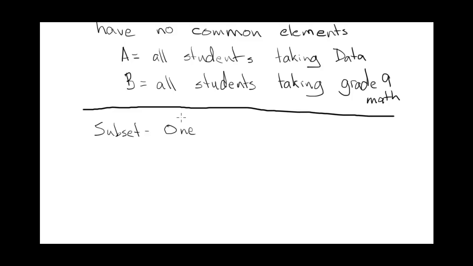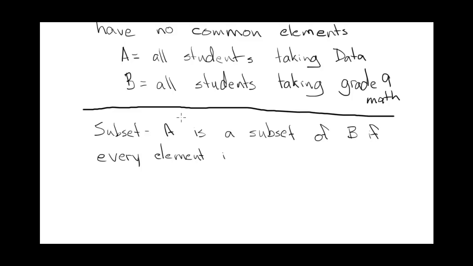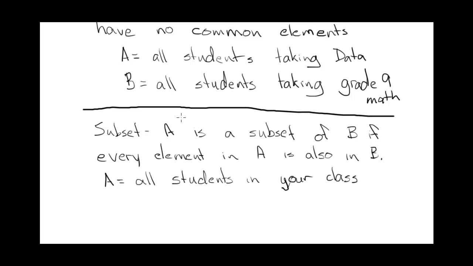So one set, let's give it a name: A is a subset of B if everything in A, every element in A, is also in B. So let's say A was all students in your class, and B is all students in your school.